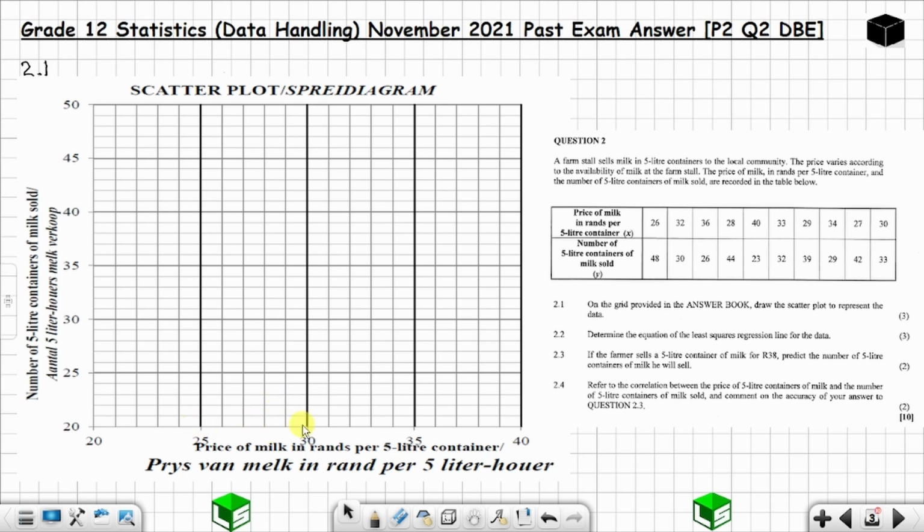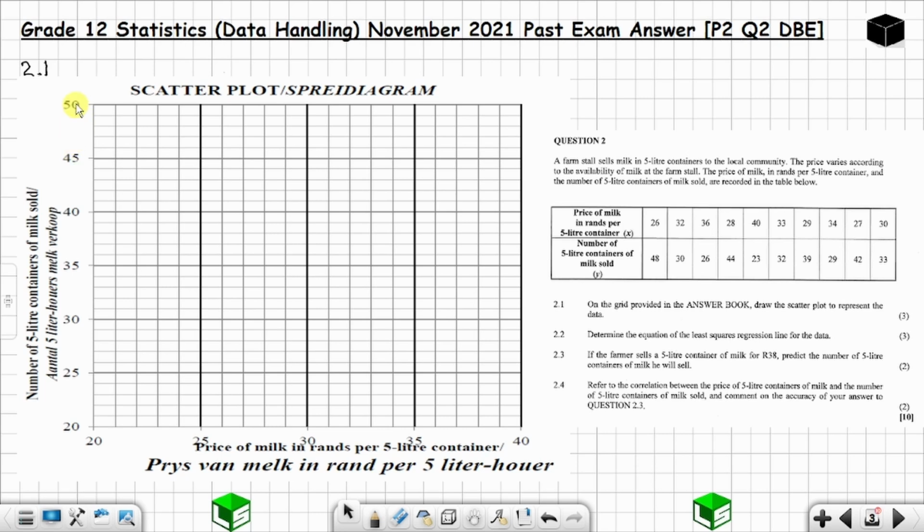That means you have 26 there, 27, 28, 29, and 30. So there's 26. 26 goes together with 48. Where is 48? There's 48 there.